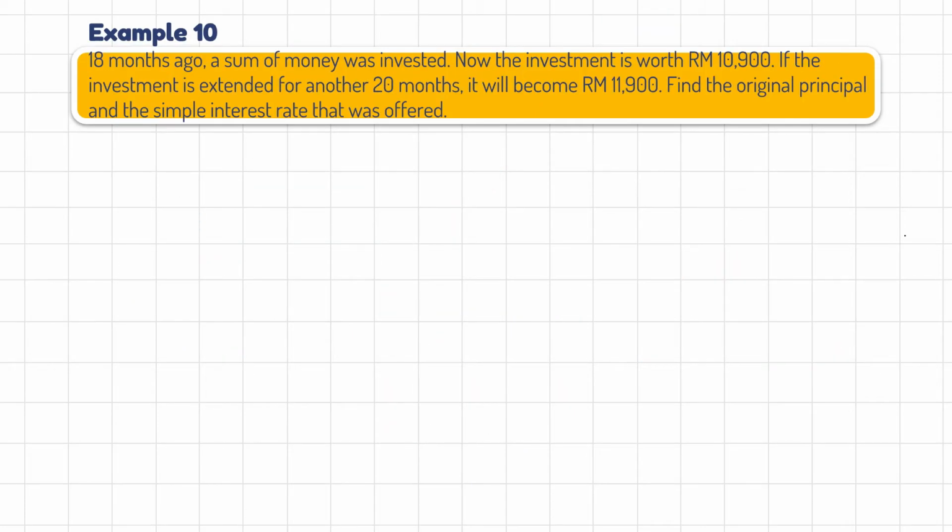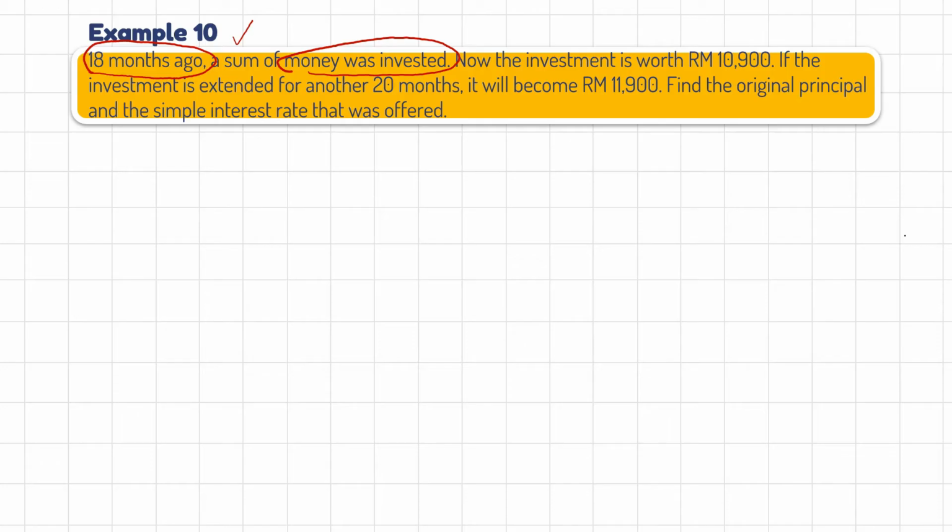We move on to example 10. So the question will be a bit longer than the previous example. Therefore, we need to read the question very carefully and please highlight all the values that we have. So let's start by reading the example. 18 months ago, a sum of money was invested.